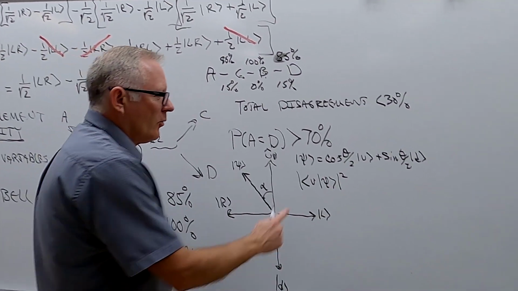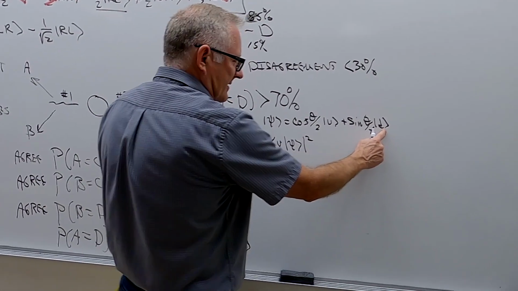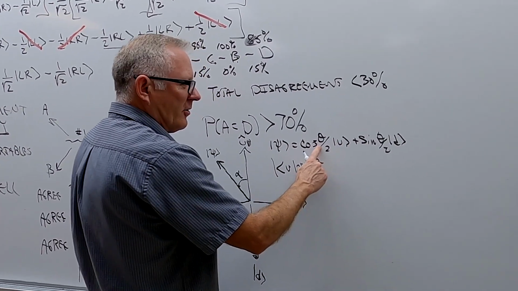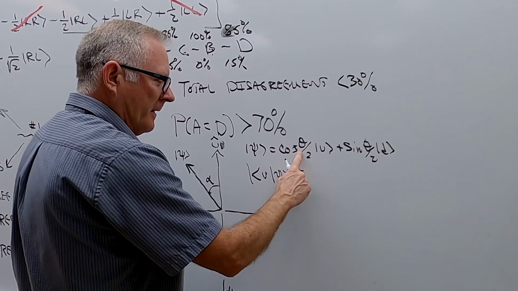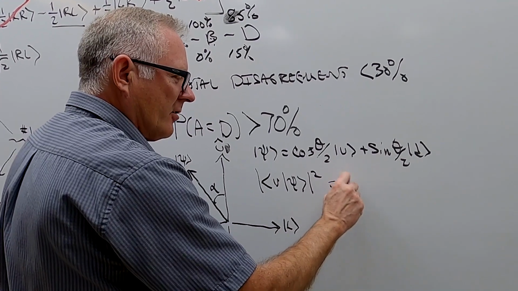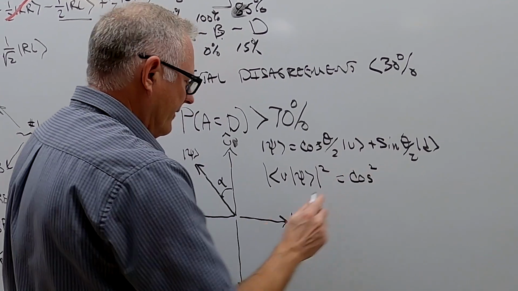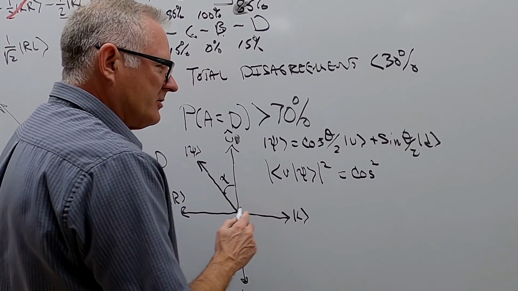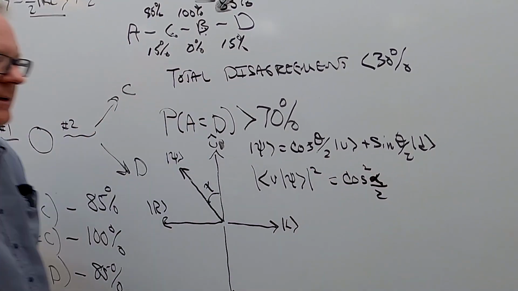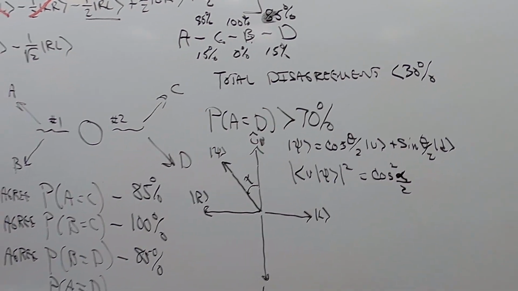Now you already know when you do the up with the down, you get 0. When you do the up with the up, you get 1. So this is going to be cosine theta over 2, but then you square it. So this is going to end up being cosine squared of alpha over 2.